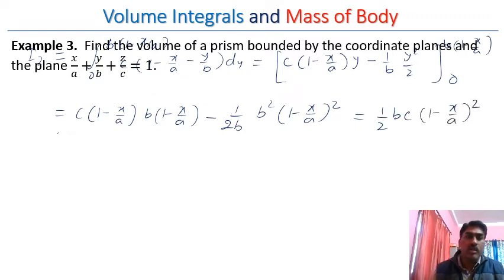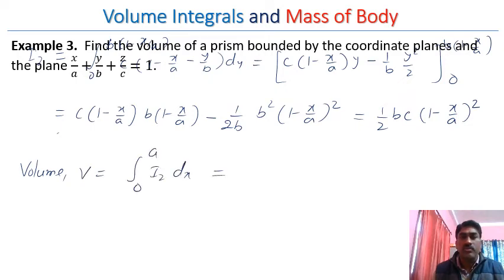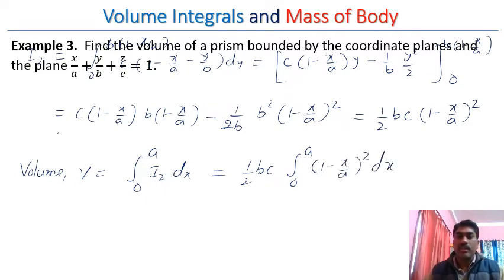Now this is I2, and finally put volume V is equal to the integral from 0 to a of I2 dx, so that we have 1 by 2 bc integral from 0 to a of (1 minus x by a) whole square dx. I hope you can integrate it very easily, I am integrating.